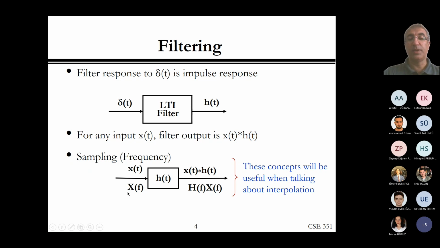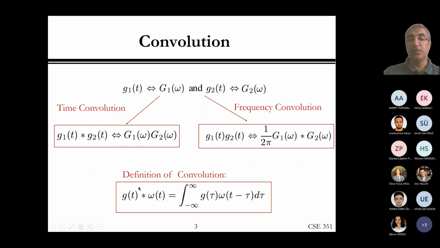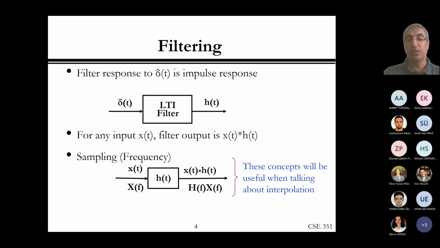And this operation in frequency domain, according to the previous property of convolution, the input is X of f, our system function is H of f, and the output is going to be the multiplication of input with the system function. In our case, it's H of f times X of f. So these concepts will be useful when we talk about sampling issues and related mechanisms such as interpolation.